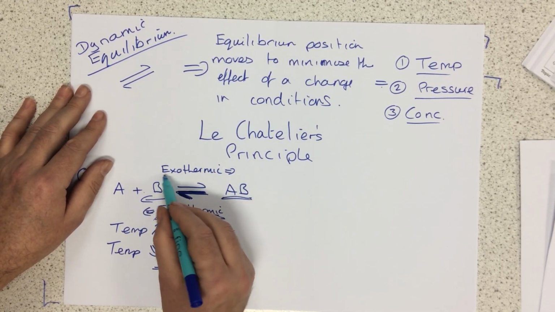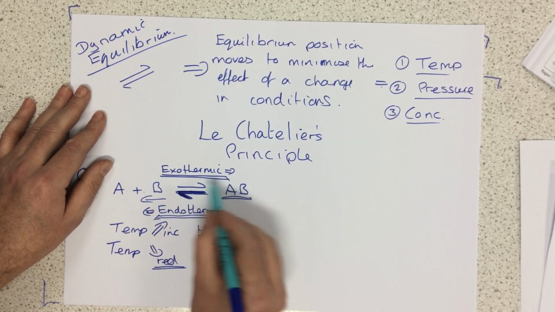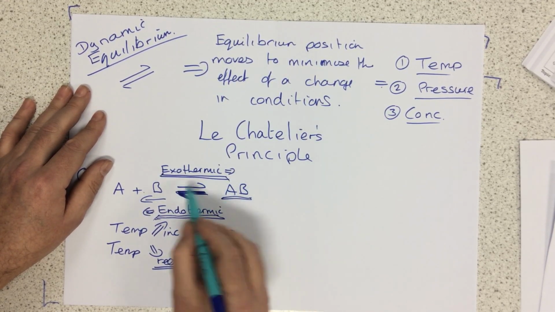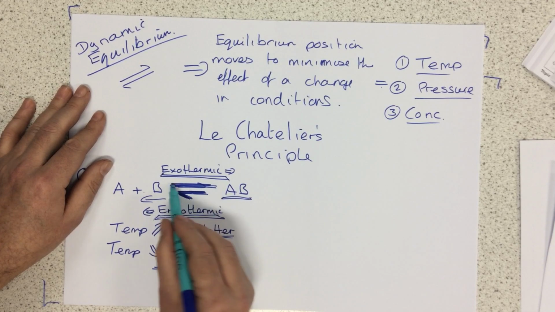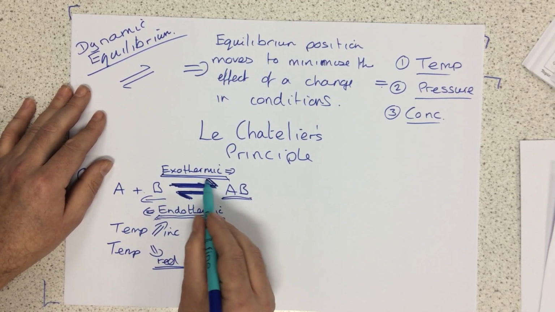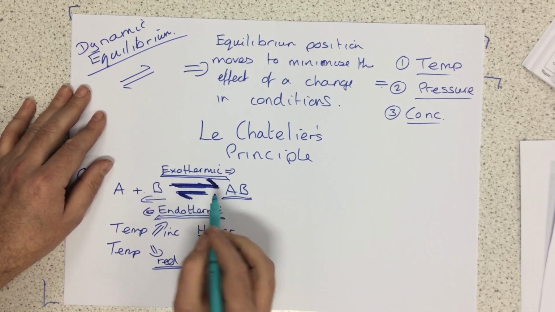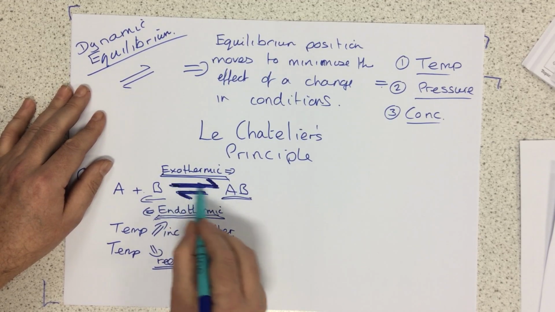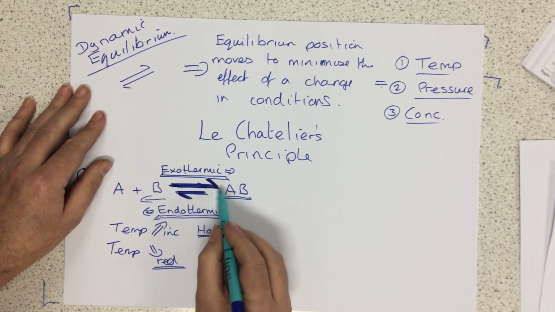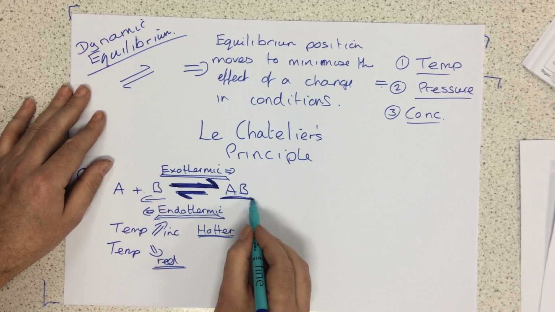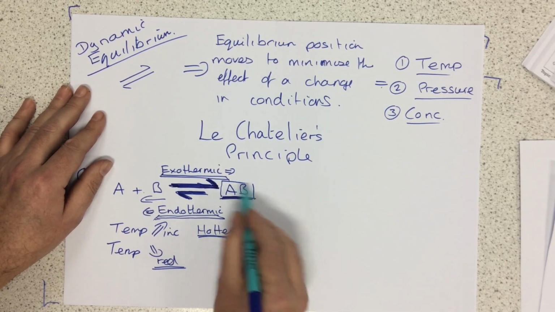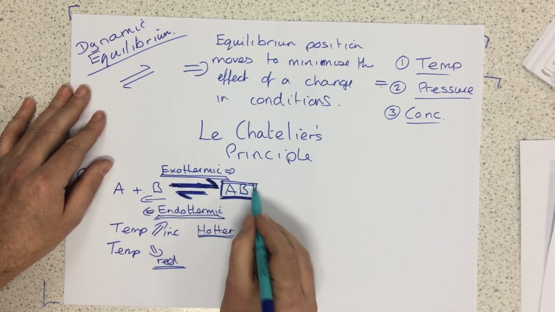It will try to increase the temperature, which means it will promote the exothermic reaction, which is the forward reaction. So as a result, if we cool down, the experiment will react to try and increase the exothermic reaction and therefore produce more of our products.